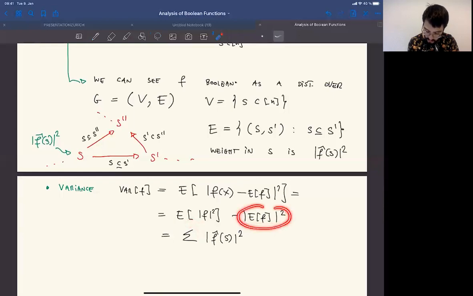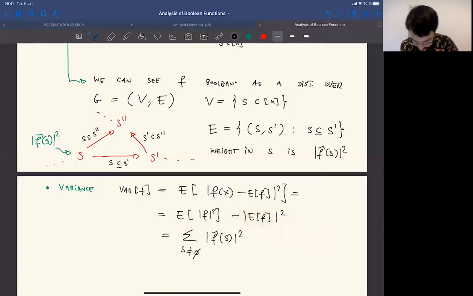Here you're just removing the expectation of f, which is f hat of the empty set, so the sum is over S non-empty.